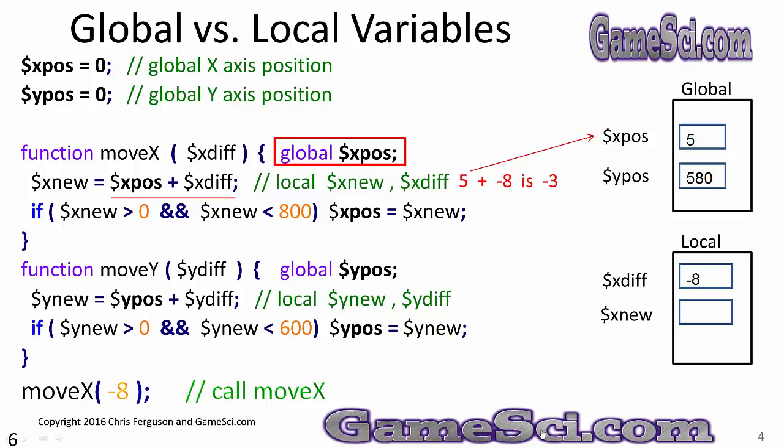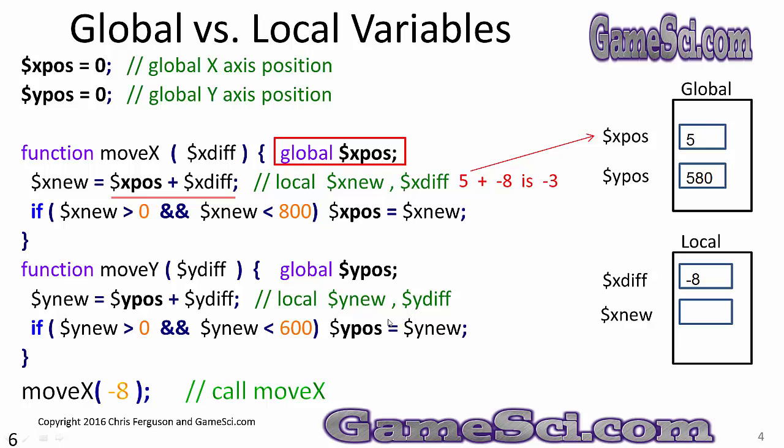Once inside the function, here's a new line of code. In the red box is global $xposition. What that is saying is for this function, we want to use that global variable declared up at the top. Probably should have drawn a line from here over to here to say this line of code is saying use that variable over there. Normally inside of a function, it would not try to access a global variable.